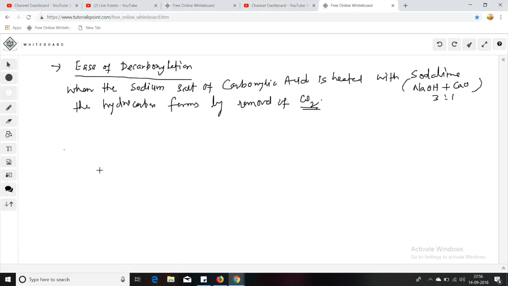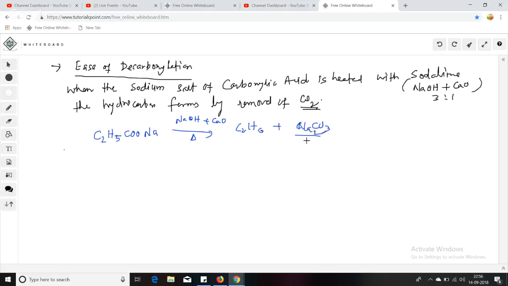So basically, if you see one reaction, C2H5COONa heated with NaOH plus CaO, then it forms C2H6 plus CO2 plus Na2CO3.